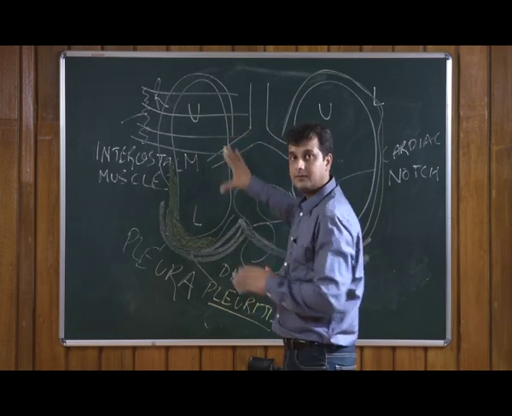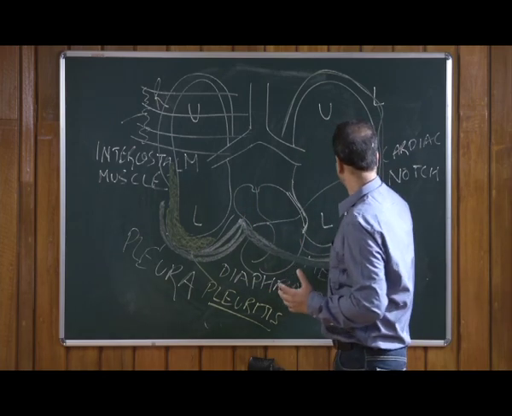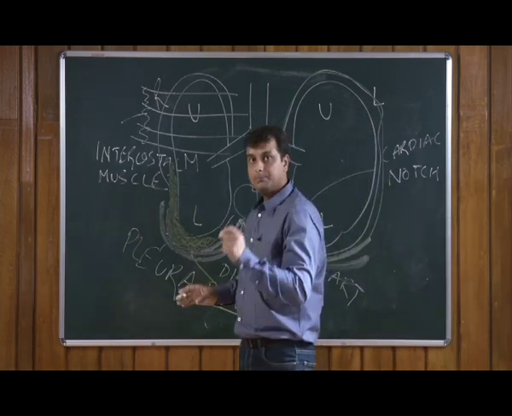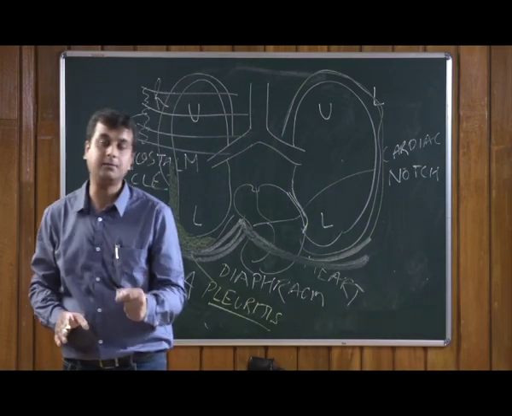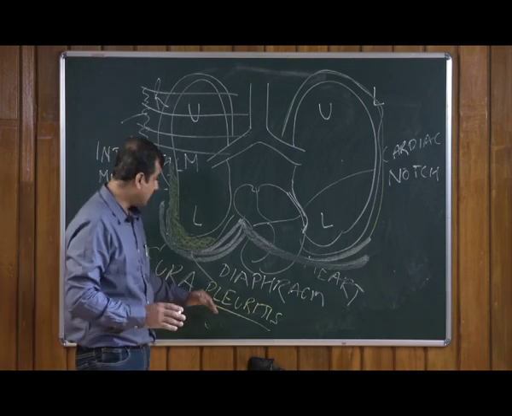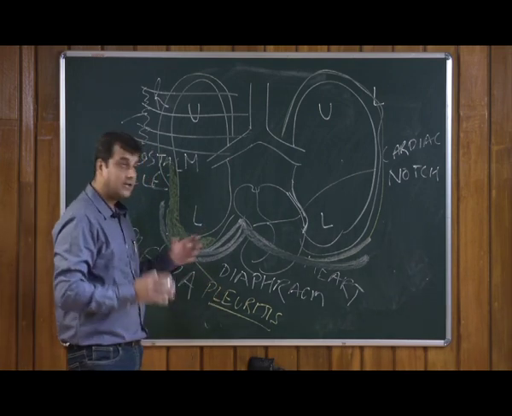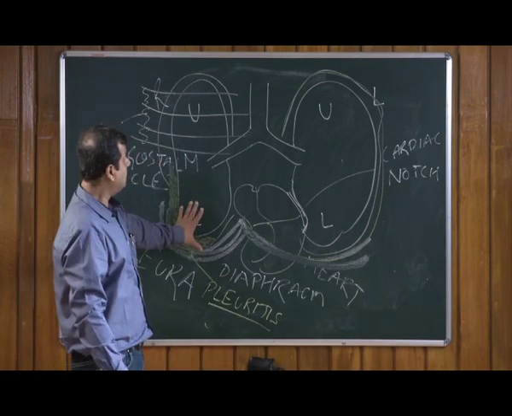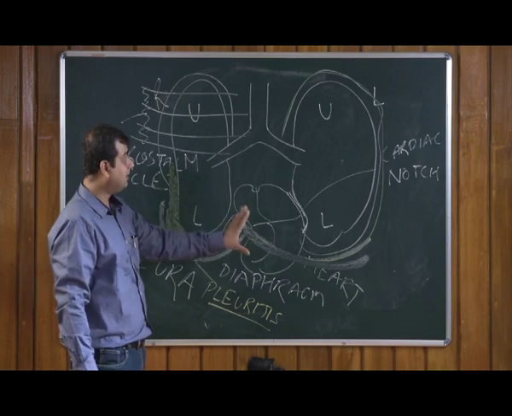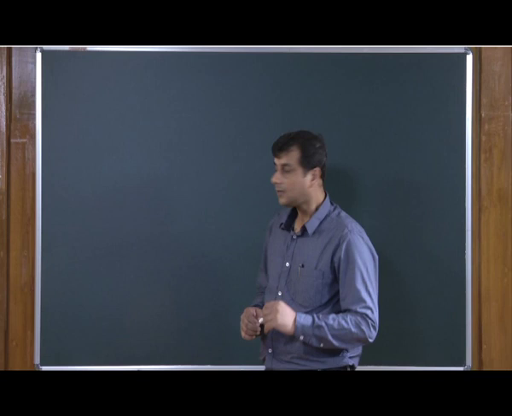We have the ribs, which are a kind of cage-like structure, and then the outer covering is what we call the pleural membrane, and this pleural membrane sometimes gets inflamed, resulting in a condition called pleuritis. This pleuritis sometimes leads to accumulation of fluid, called pleurisy. So these are some of the anatomical features related to the bronchi and lungs.